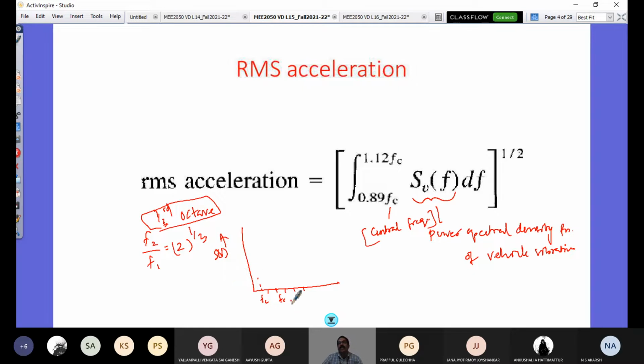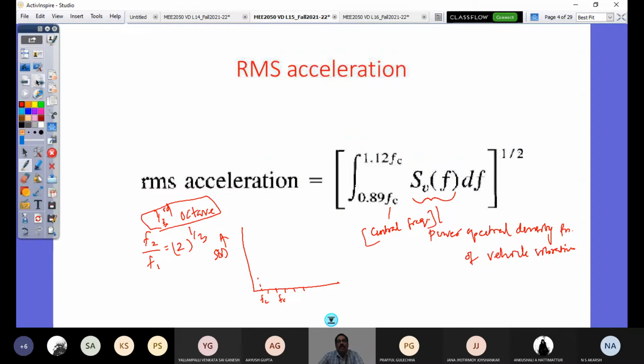That is very good. If you integrate this function over the interval, you'll get the mean square value, and taking the square root, you'll get the RMS acceleration value. So in this first period of our lecture, we are going to look at how you get this Sv(f) and its significance in more detail.